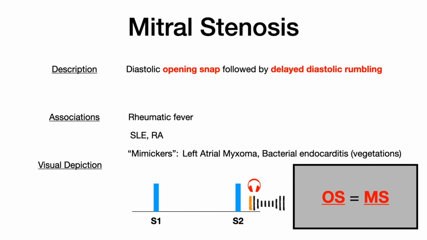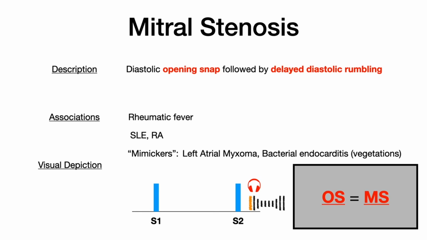So I want you to close your eyes and sort of imagine this as I describe it to you. So the mitral valve, which in this case is stenotic, will open when the pressure in the left atrium exceeds the pressure in the left ventricle. And when that happens, we're in ventricular diastole. So in ventricular diastole, the pressure within the left ventricle drops.